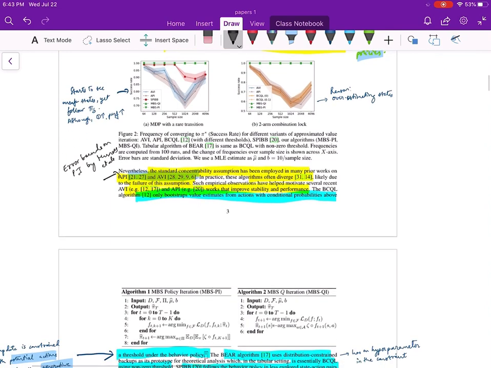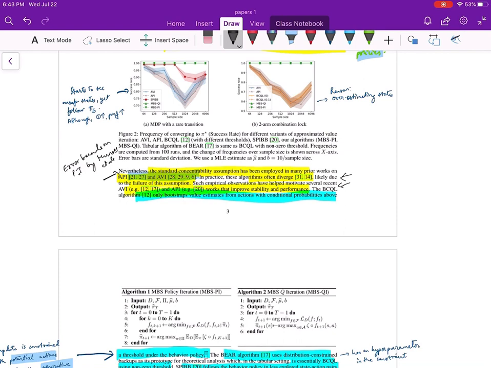In practice, these algorithms often diverge, because it's hard to satisfy the assumption. Such empirical observations have helped motivate recent ABI and API works that improve stability and performance. Okay, now let's go ahead with BCQL.